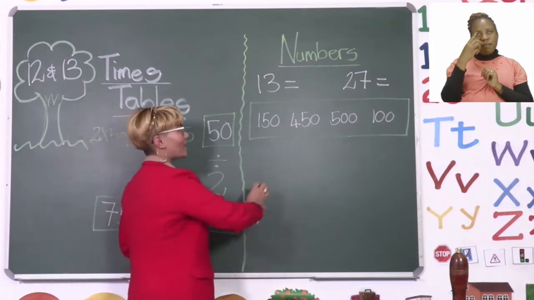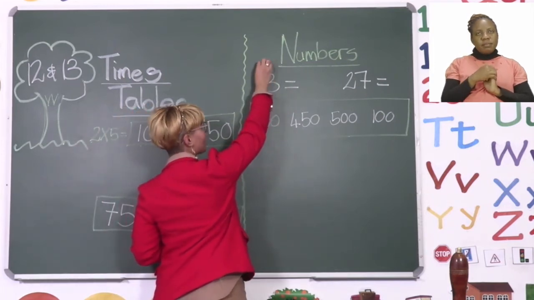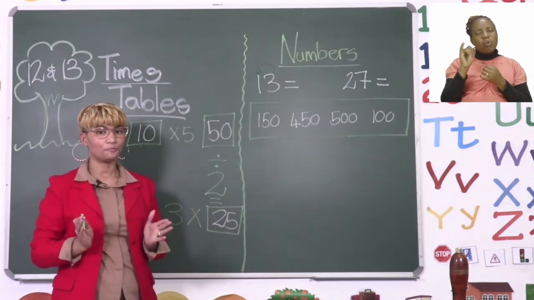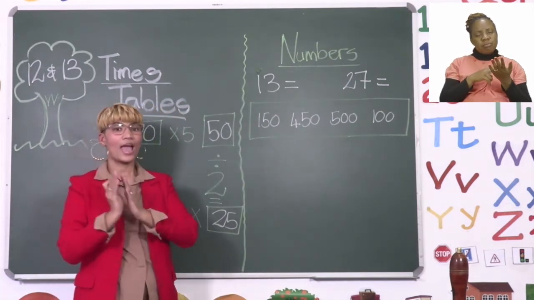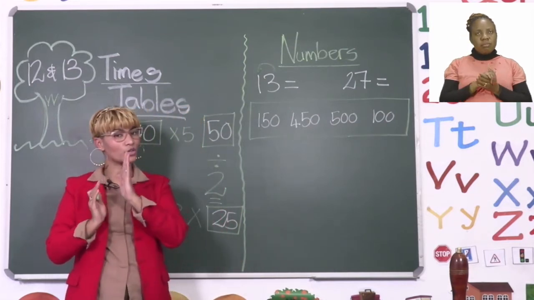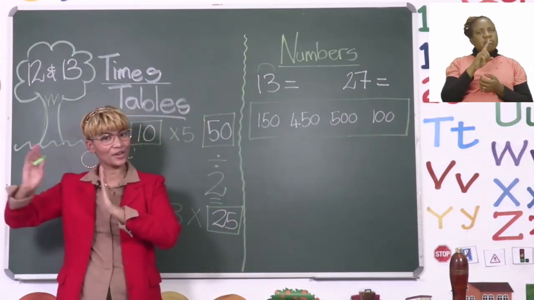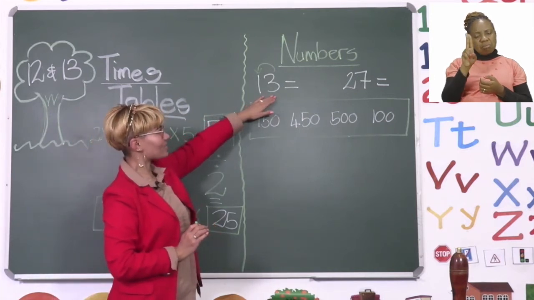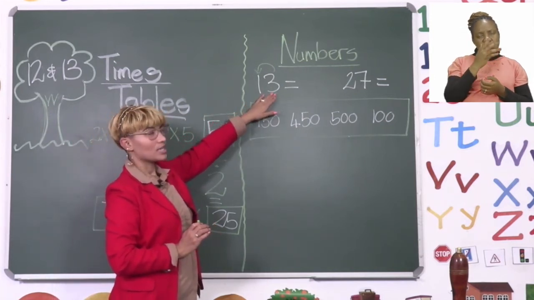So we have to round off to the nearest 10. Remember, 4 and lower than 4, and also consider 5 and more than 5. Here we have the number 3.